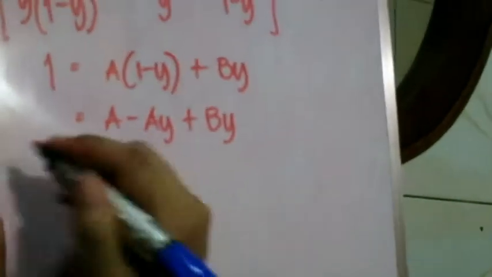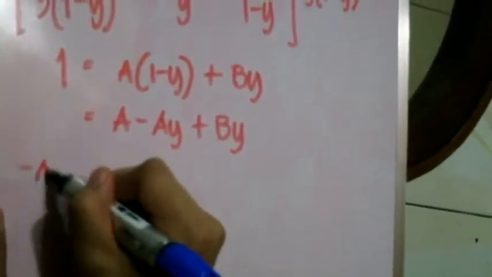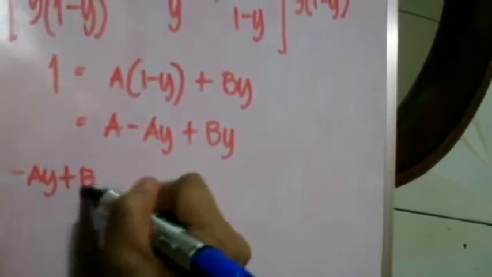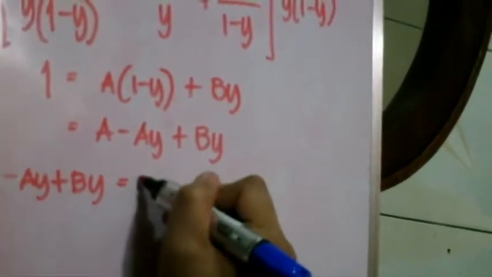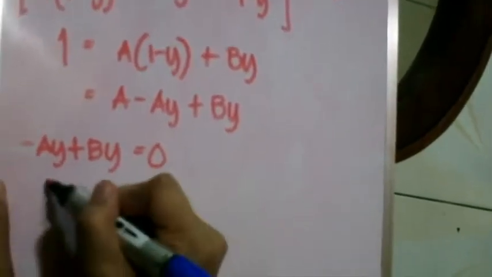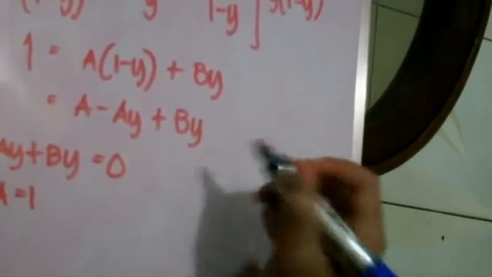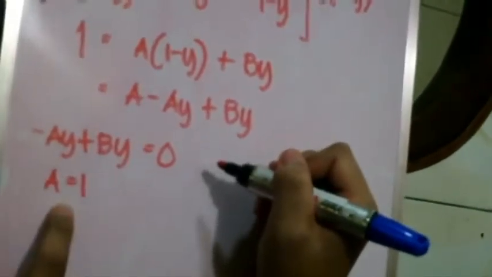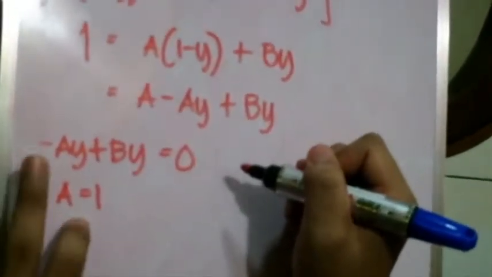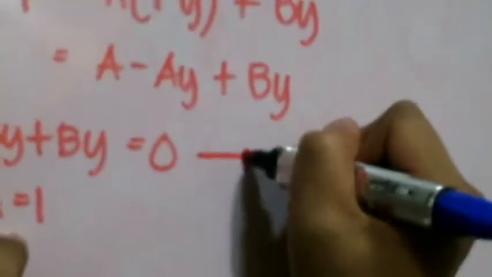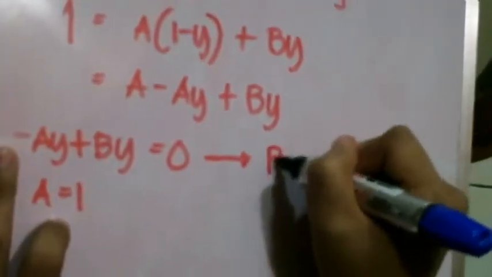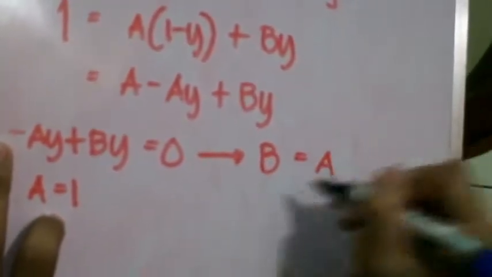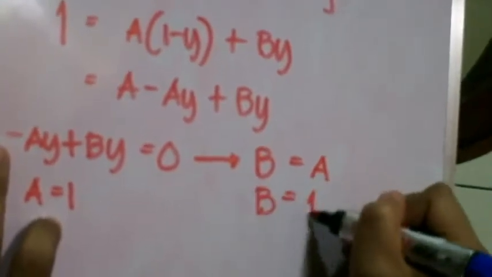Now, combining like terms, we have minus ay plus by is equal to 0 and a is equal to 1. So, using the value of a in this equation, we have b is equal to a, where b is equal to 1.